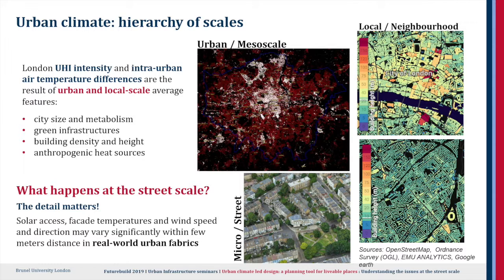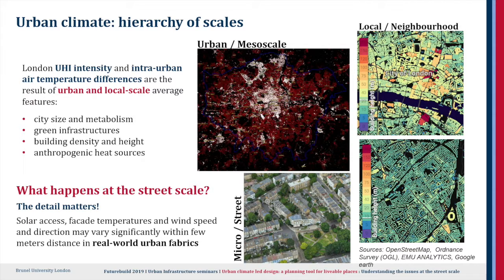So as we have seen in the previous presentation, the urban system affects the climate, and we have different modifications at different scales. We have the heat island effect that is determined by the overall urban system. Then we can have intra-urban air temperature differences that are determined by the variability of density and heights of buildings and presence of vegetation.